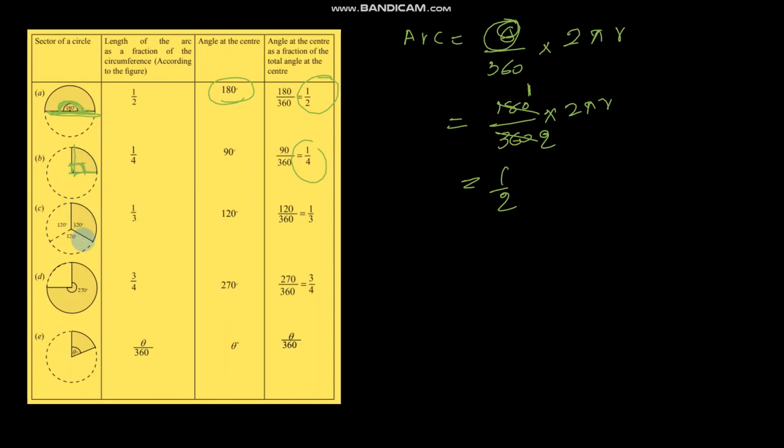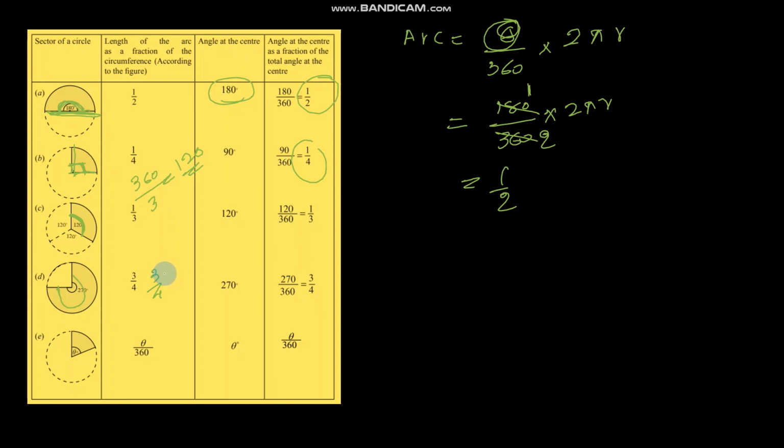And if the angle is given as 120, I mean, if the total angle of 360 is divided into three equal parts, this becomes 120 degrees, right? Likewise, this portion is 3 divided by 4 of it, right?